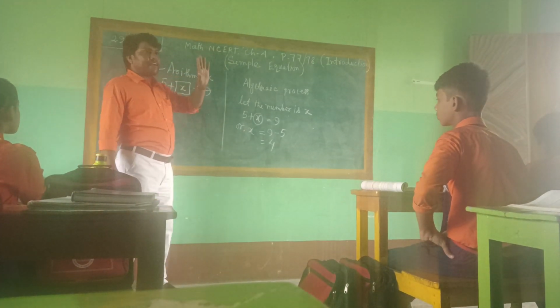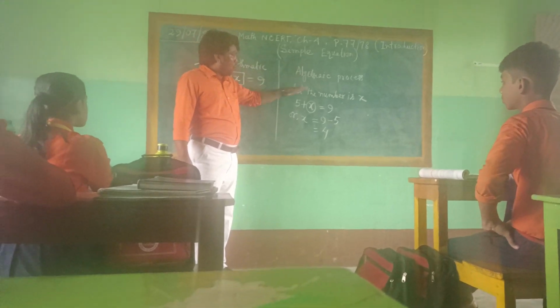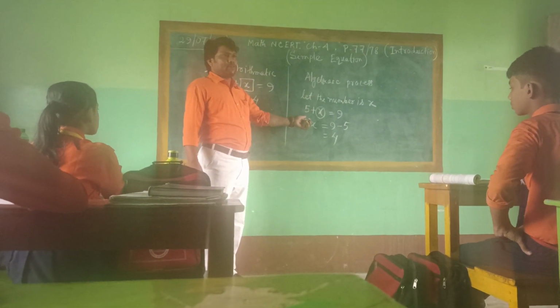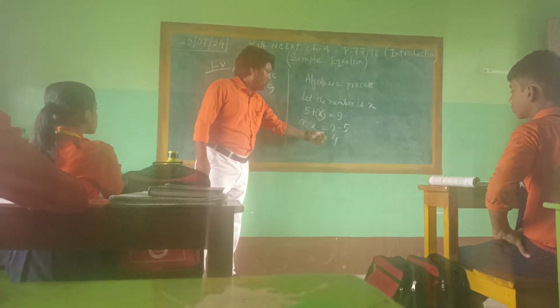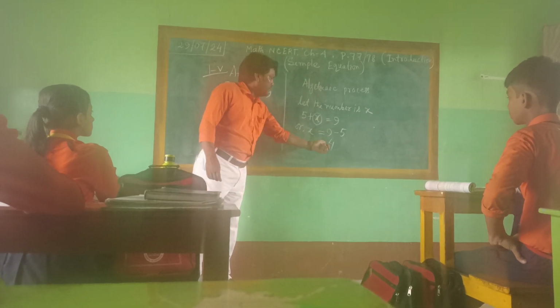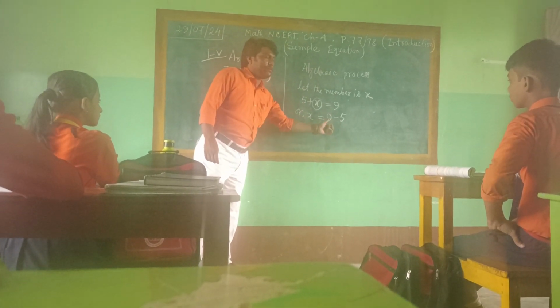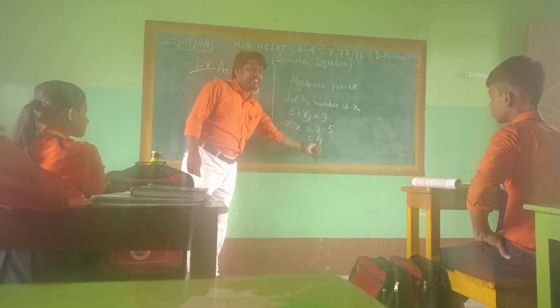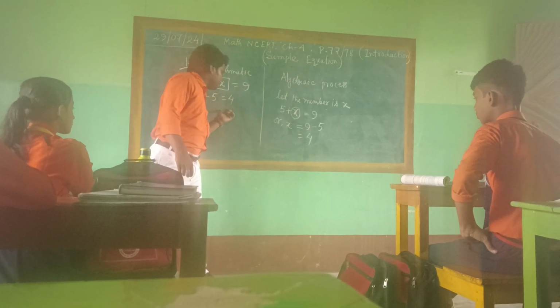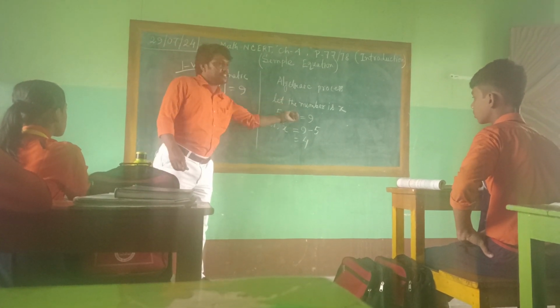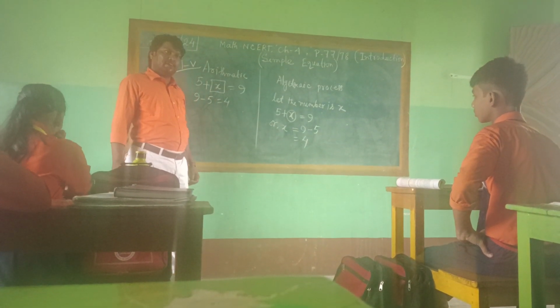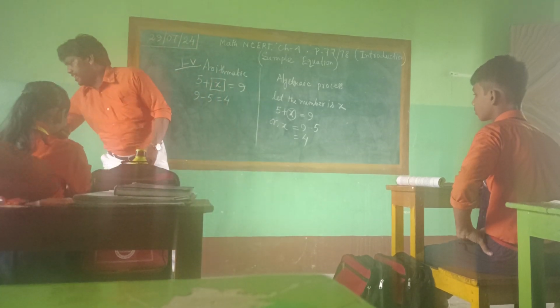But in standard 7, you are applying the simple equation method, and after solving the equation, you will also get the same result. But the processes are different. So I am giving another example.